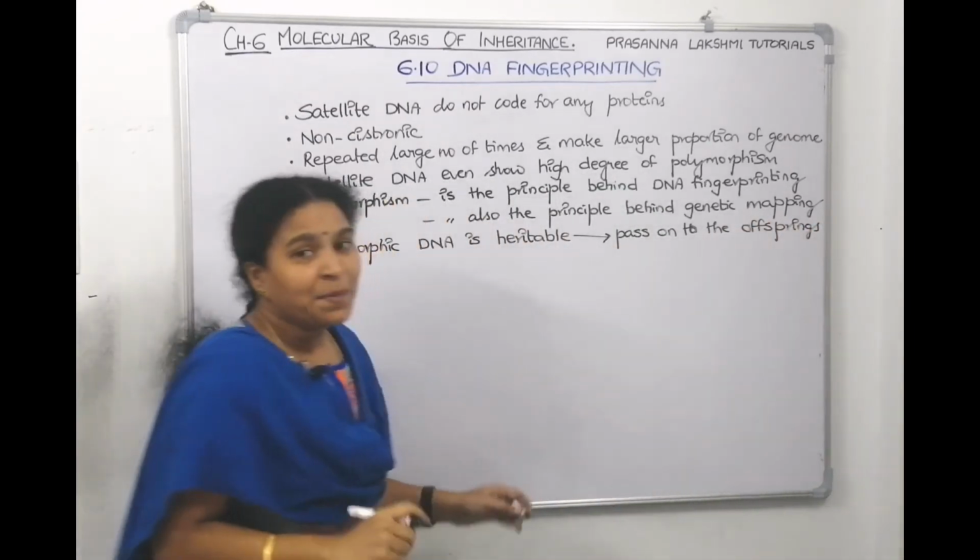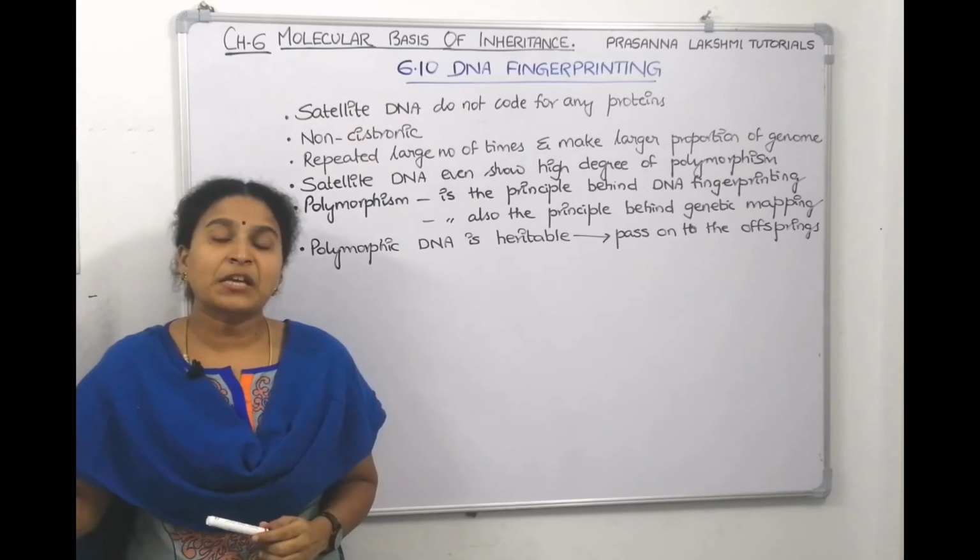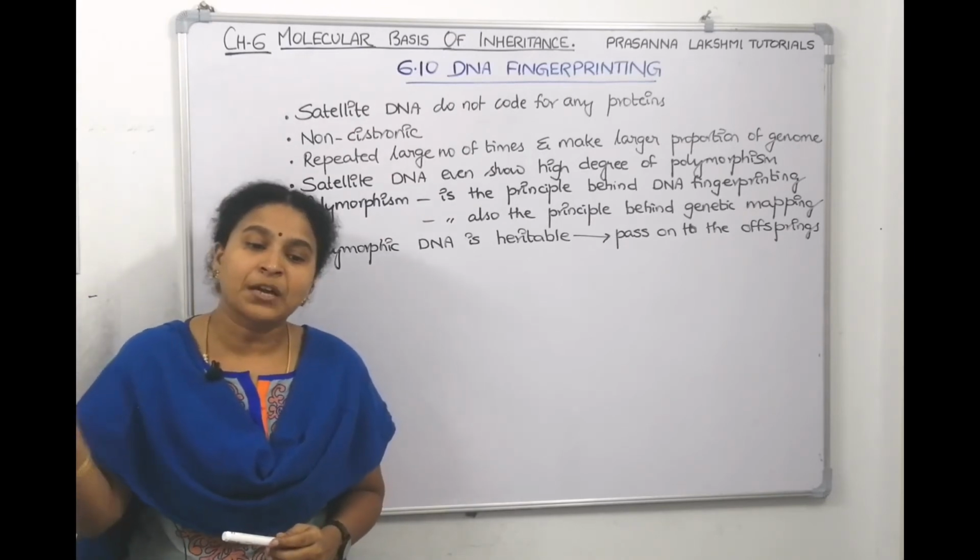That means the child will get 50% of the polymorphic DNA from the mother and 50% from the father.